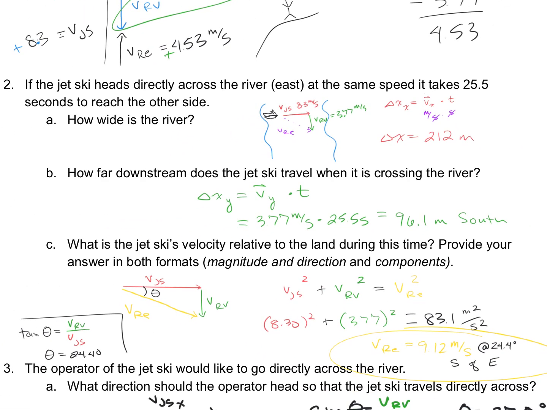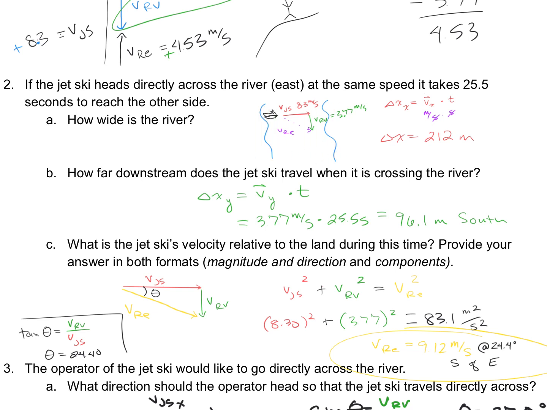So the next question asks, how far downstream does the jet ski travel when it's crossing the river? Since we know that it travels for 25 seconds, and you know that the velocity of the river downstream is 3.77 meters per second to the south, you can use the displacement equation again, basically just the rearranged velocity equation. But this time we're looking in the y dimension, the north-south dimension, instead of the east-west dimension, which the jet ski was traveling in.